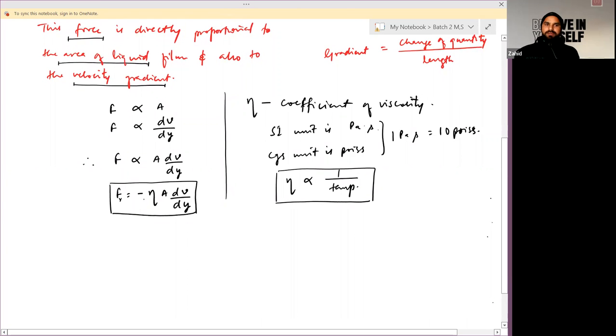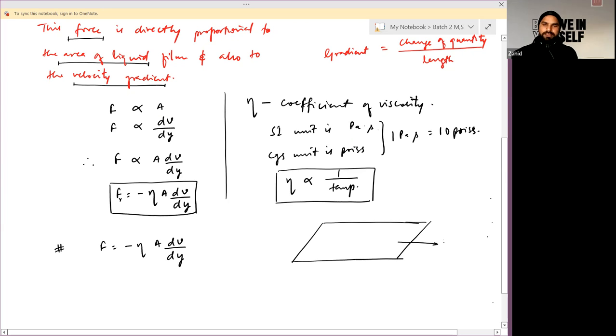Now, we can rearrange this particular relation to find some different property of viscosity. F equals minus eta A dV by dy. Suppose this layer of liquid is going along this direction with some velocity v.